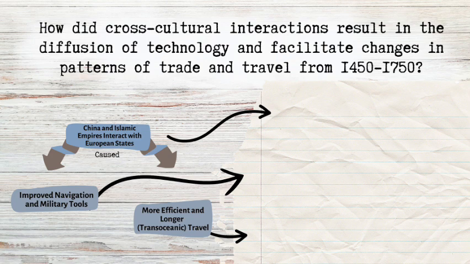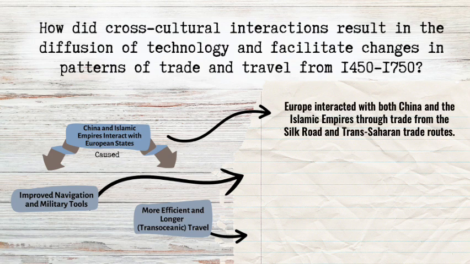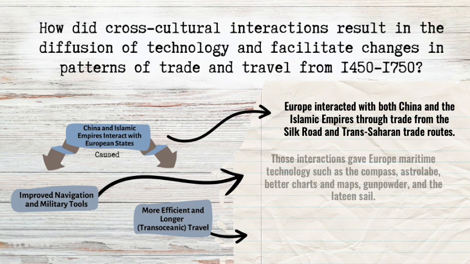So let's start with how China and the Islamic empires interact with European states. Caused: Europe interacted with both China and the Islamic empires through trade from the Silk Roads and trans-Saharan trade routes. We see improved navigation and military tools.